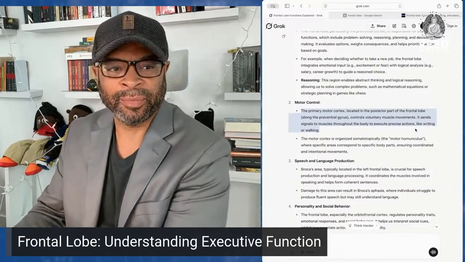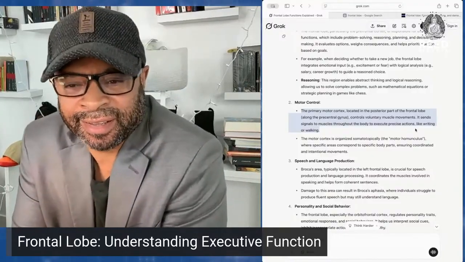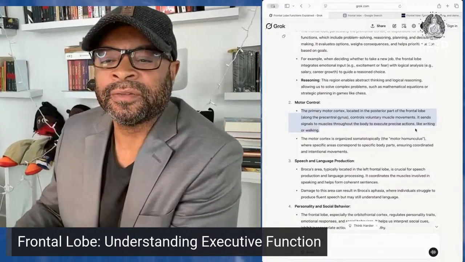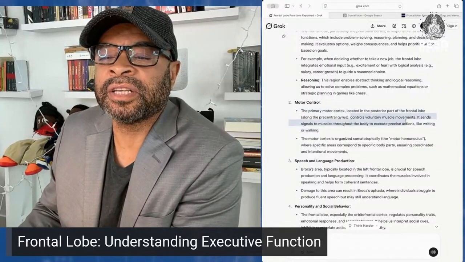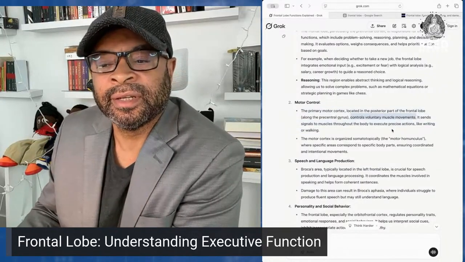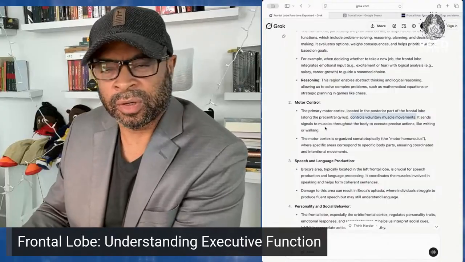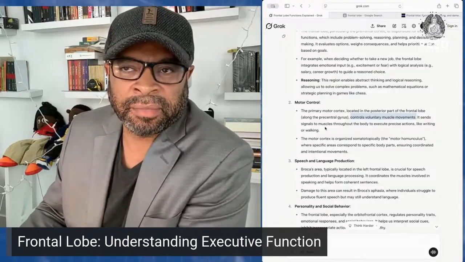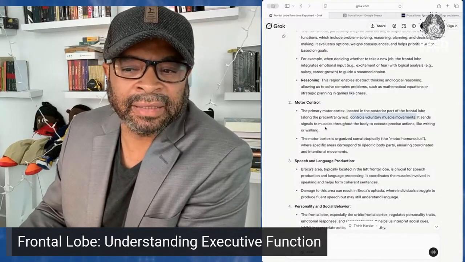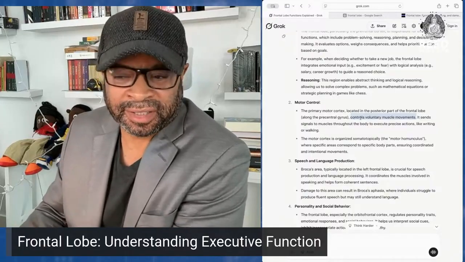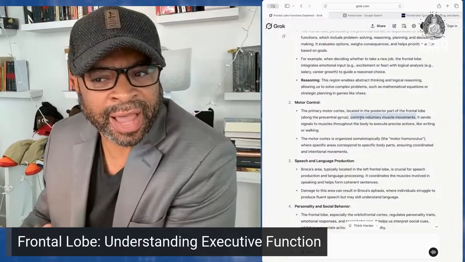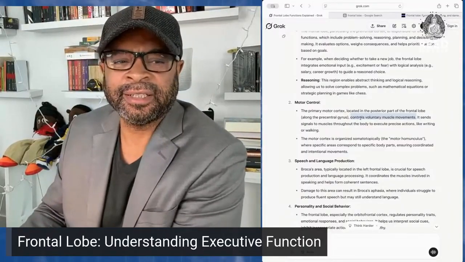So we have the primary motor cortex that's located in the frontal lobe. It controls voluntary muscle movements. I'm sure stimulants make the frontal lobe more active, so you get more control over the movements. And I guess that's the mechanism of shutting down the hyperactivity seen in attention deficit disorder.